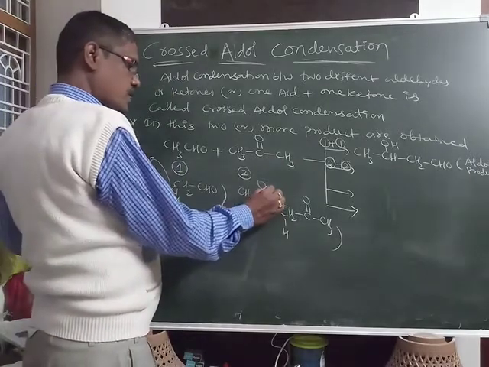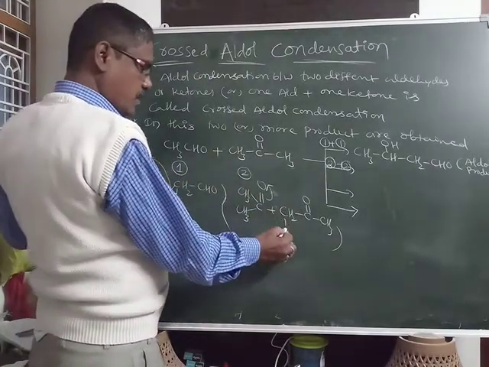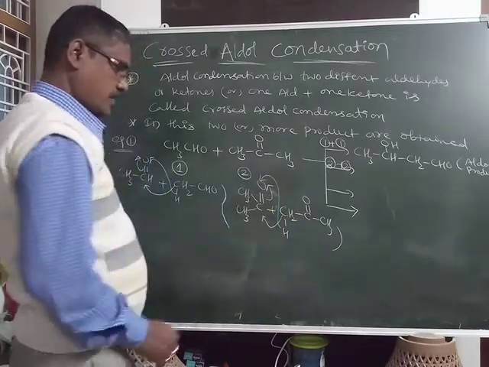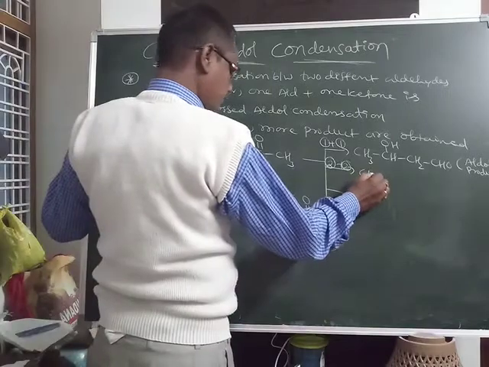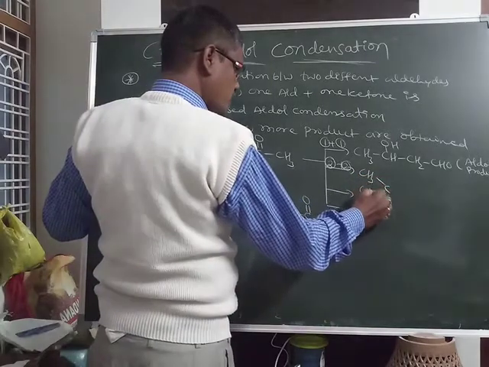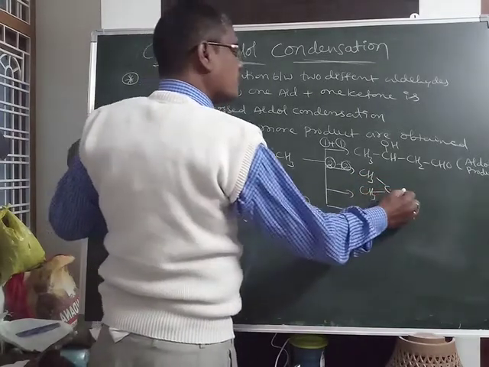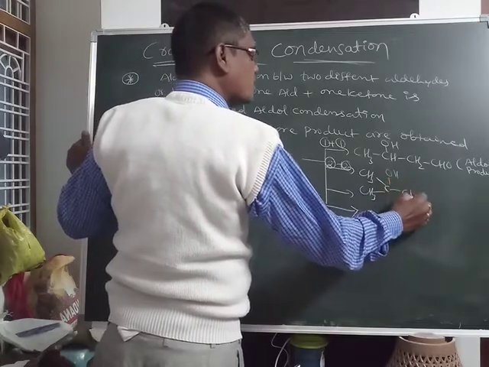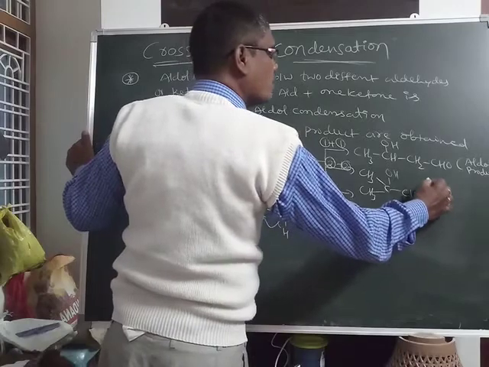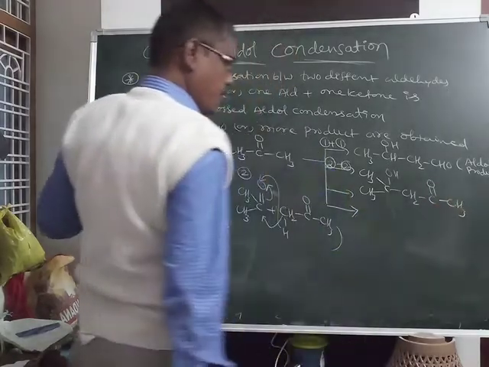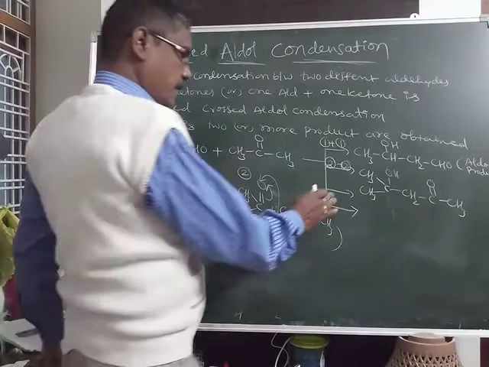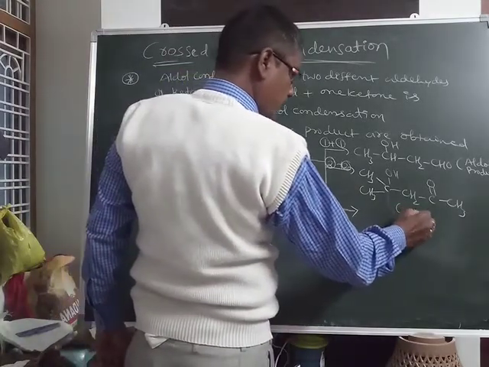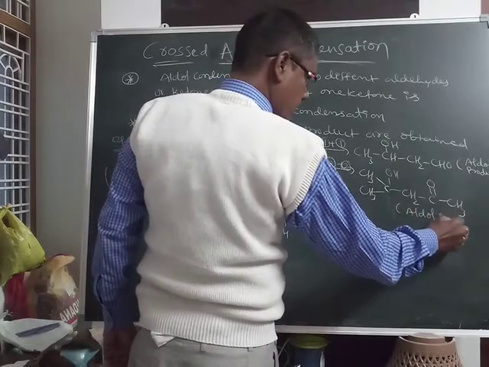The bond shifts to this side, hydrogen is added to this side, and a new bond forms, giving CH3C(OH)(CH3)CH2COCH3. This is the 2 plus 2 product. This is also an aldol product, not a crossed aldol product.